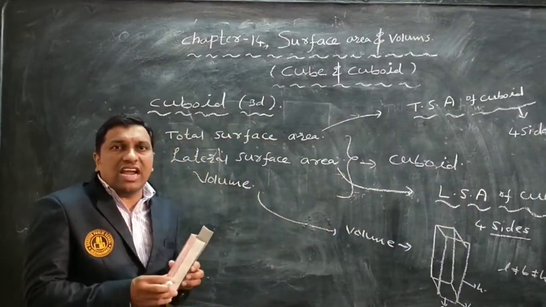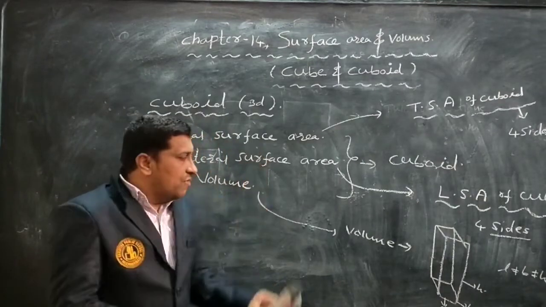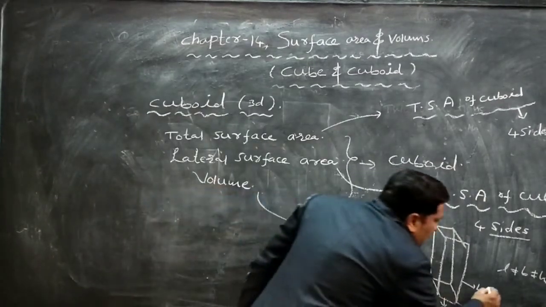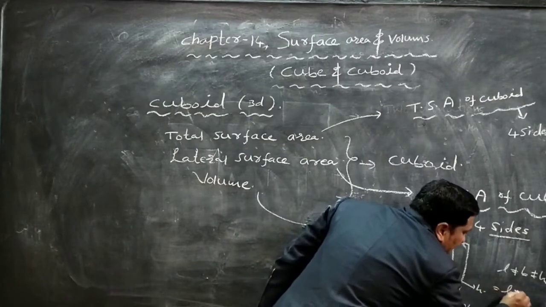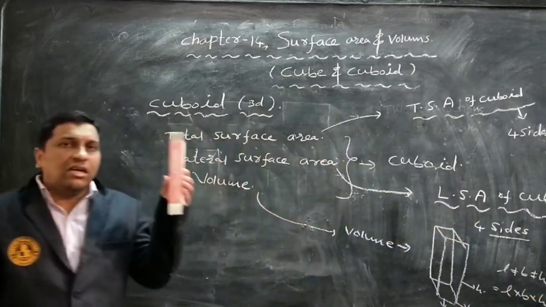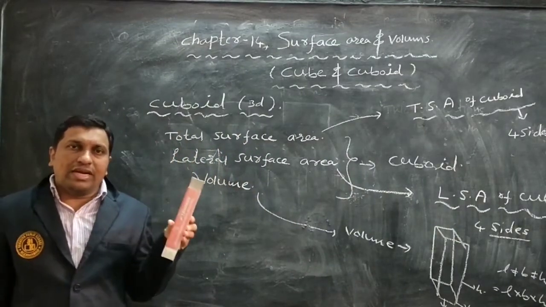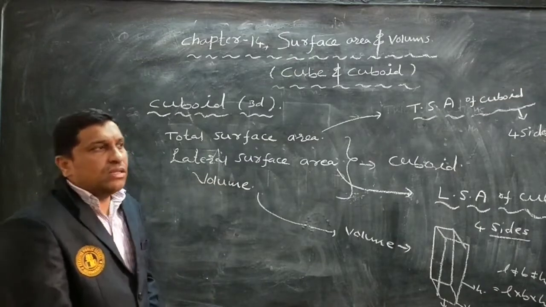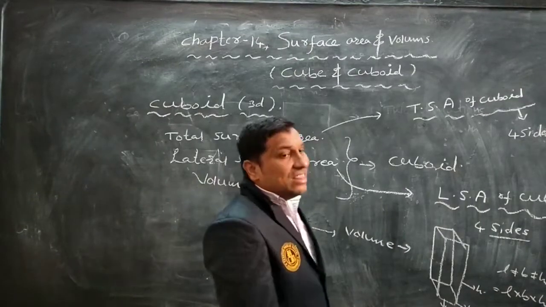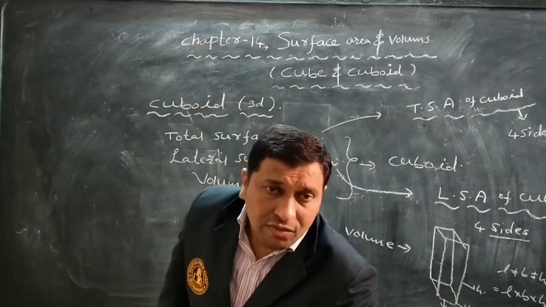To find the value, we multiply the 3 dimensions: L into B into H. So we get the value of the cuboid. You multiply length, breadth and height, and we get the value.